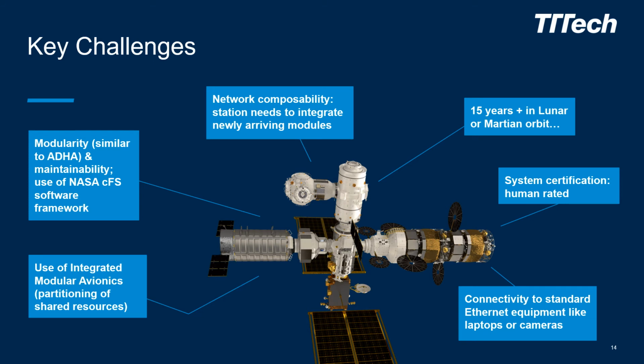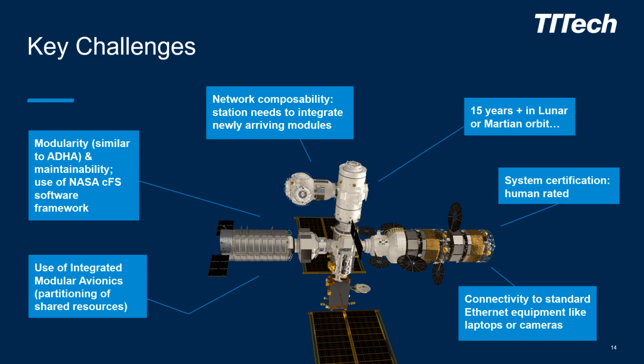The key challenges in the context of Gateway will be, once again, network composability, because the network of the Gateway needs to integrate newly arriving modules. So when it starts with PPE and HALO and then integrates ESPRIT and the International Habitat, the network needs to continue to work, and there needs to be a seamless integration with no need for delta certification or qualification.